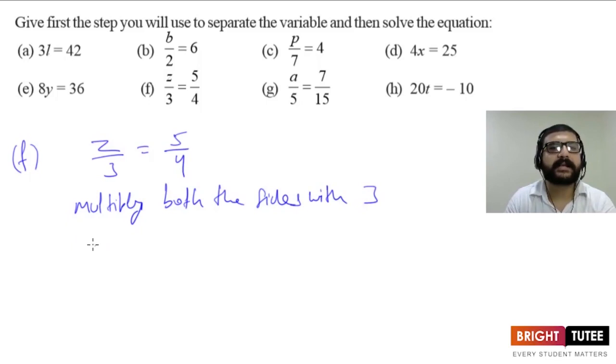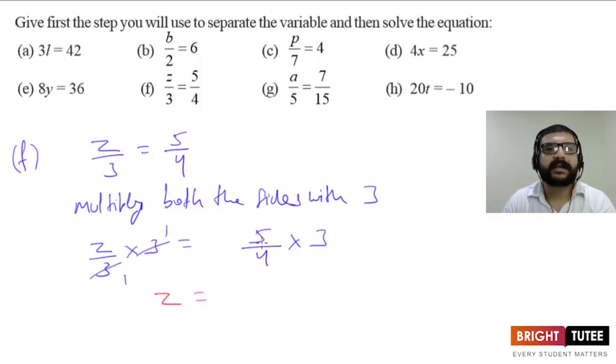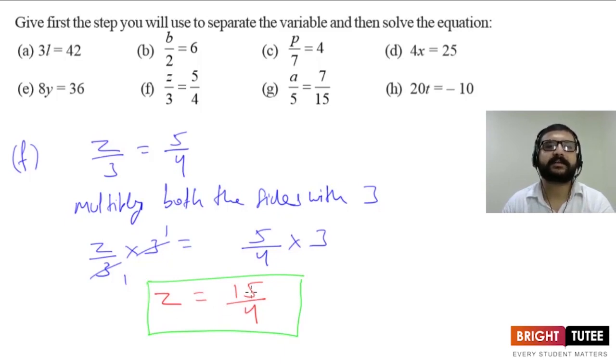So by doing that we will get z upon 3 into 3 is equal to 5 upon 4 into 3. Now 3 and 3 will be cancelled out. So we are left with z is equal to 5 upon 4 into 3. This will give us 15 upon 4. Hence the final value of z is 15 upon 4. The final solution of the equation is z is equal to 15 upon 4.